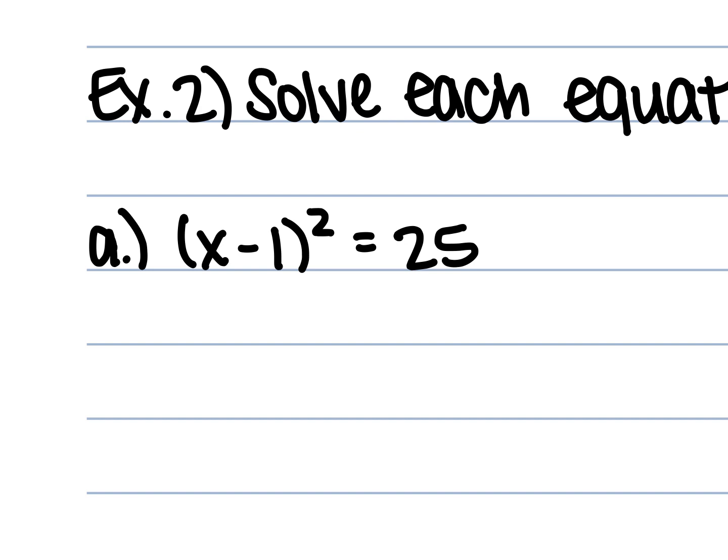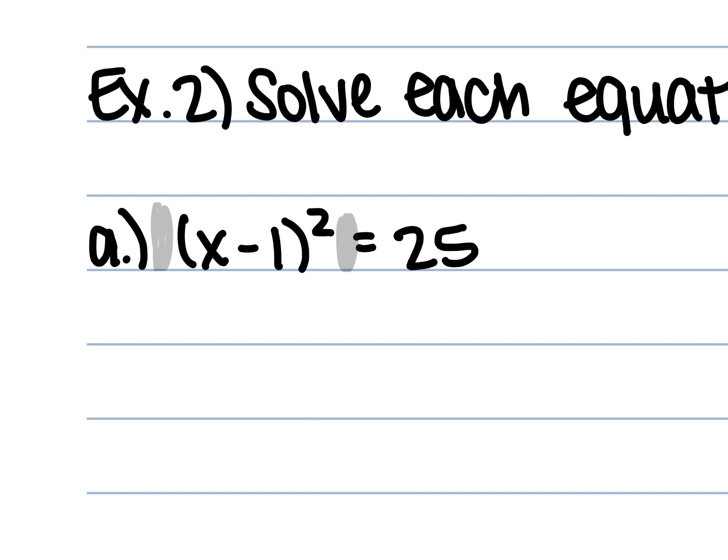So we would consider x minus 1 as being part of our squared term. Is there anything outside the square term right now that's going on? No. Is there anything to the left or anything to the right? No. So technically, step 1 is already done. It's already isolated. What do we do after it's isolated? What was step 2?